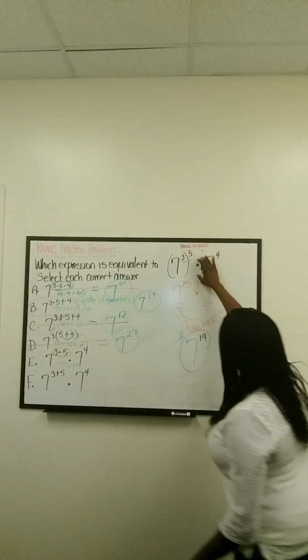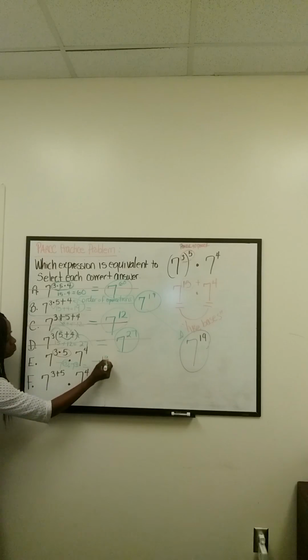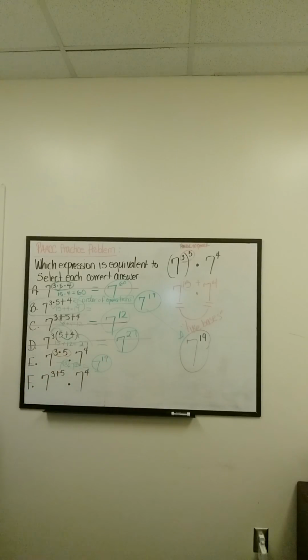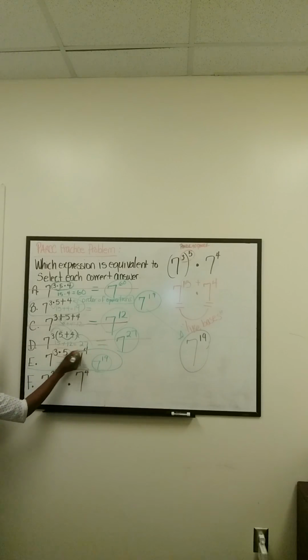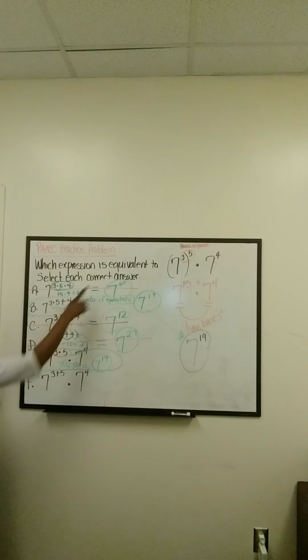We had 15 as a result, and we added 15 and 4, using the product rule. So we're going to add 15 and 4, and that gives us 19. So here we have a second match. So we have B and E both selected as answer choices that are equivalent to our original expression.